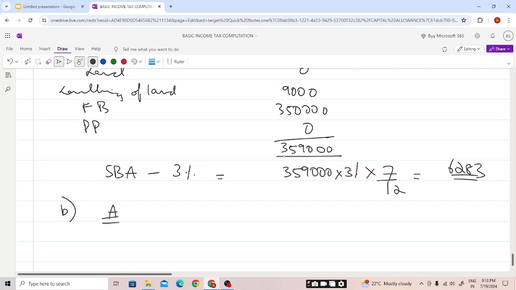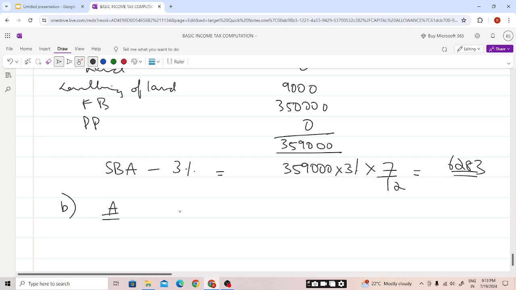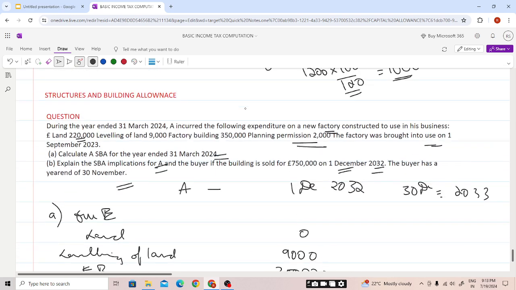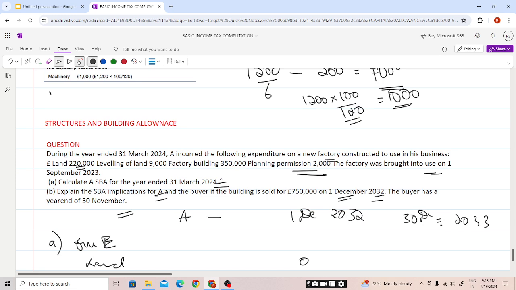So what will be the cost, students? For now A is selling it, 359,000 into 3%, and students, year end is April, May, June, July, August, September, October, November, and so for 8 months for A. So this will be, students, 1st April 32 to 31st March 33.